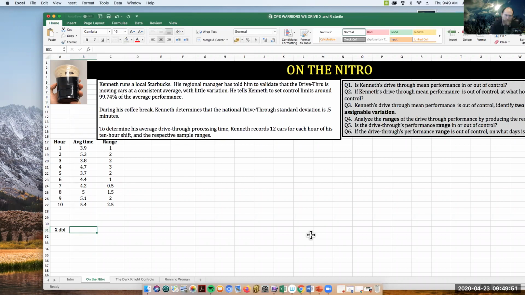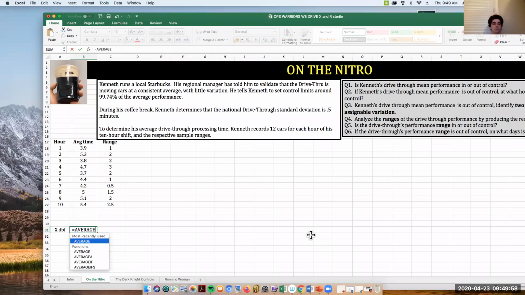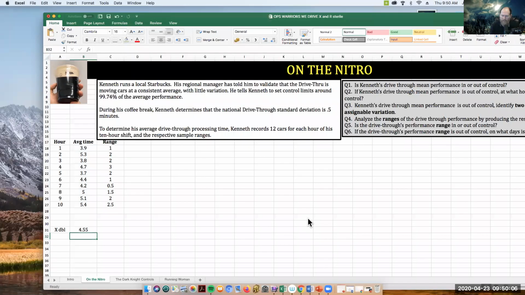Okay, so what should I do right here, Ames? You just hit equals average and then highlight all the average time cells. Okay. So that gives me the average of all the samples, which is also known as X double bar.